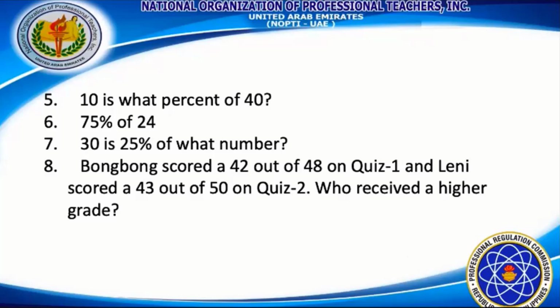Oh, 42 divided by 48 times 100. Tapos yung isa naman, 43 divided by 50 times 100. Si Bongbong kasi ang grade niya is 87.5. Si Lenny, ang grade niya is 86. Ma'am Lindsay, wala namang choice ito na Marcos.